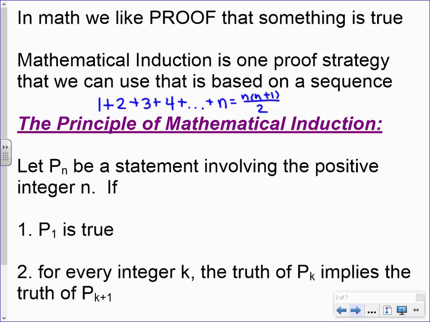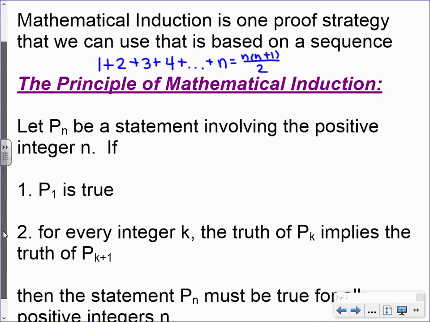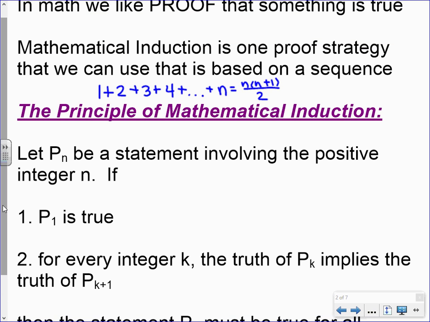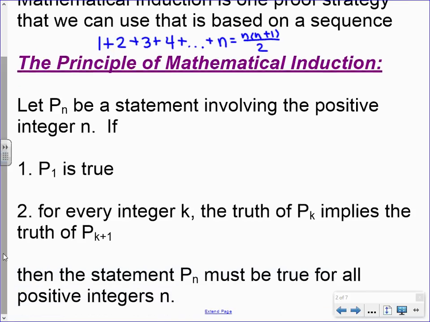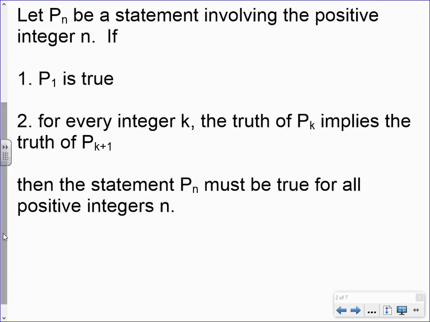Then we are going to prove that for every integer k, yes, we have to change the variable, for every integer k, if P of k is true, then it needs to make the k plus 1 value true. I'll go ahead and let you write what you need to down. That way you don't have to write and listen to me talk at the same time.